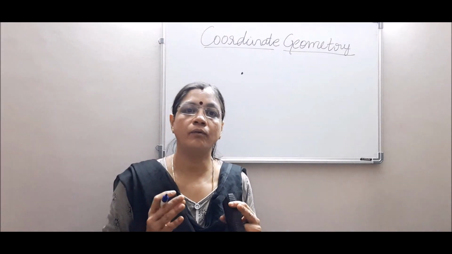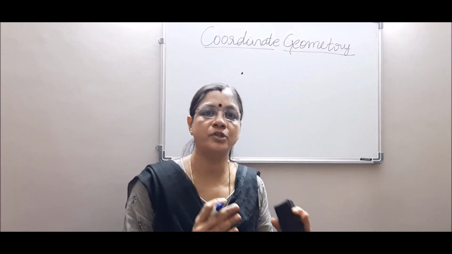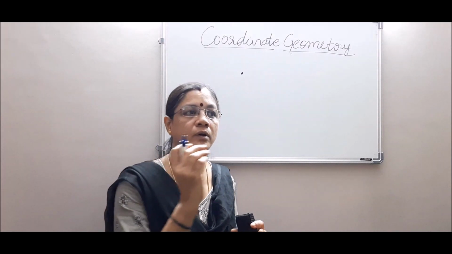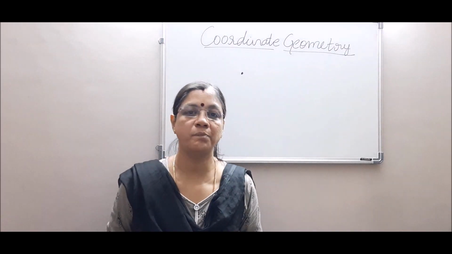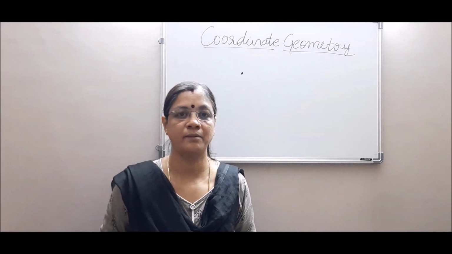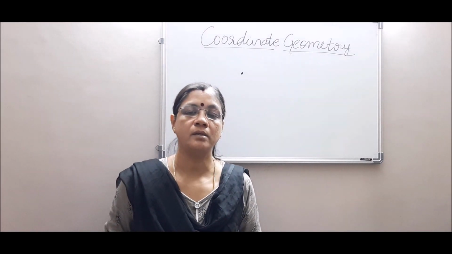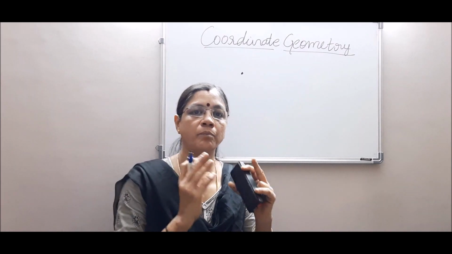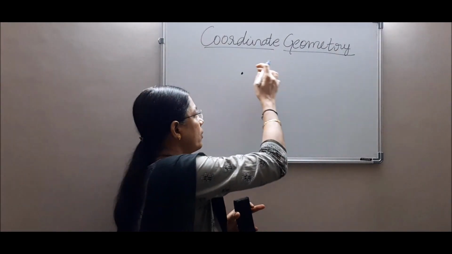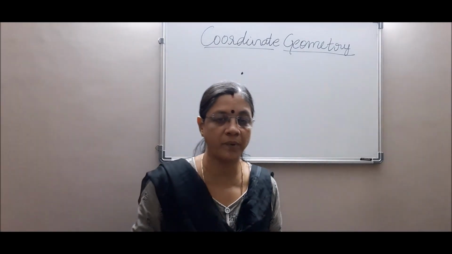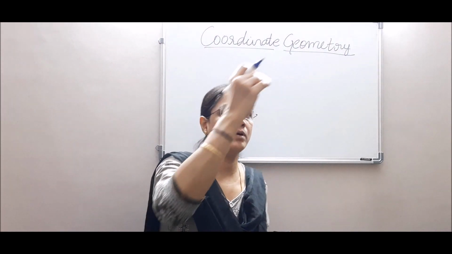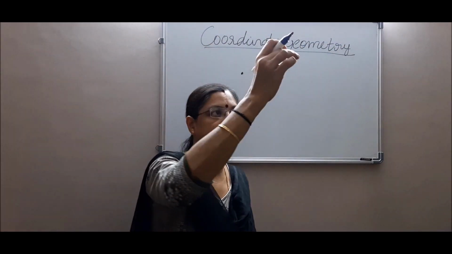So for denoting a position in space or in planes, we have a particular system. That is, we represent a point in space or in a plane. Actually, I can't explain it to you.